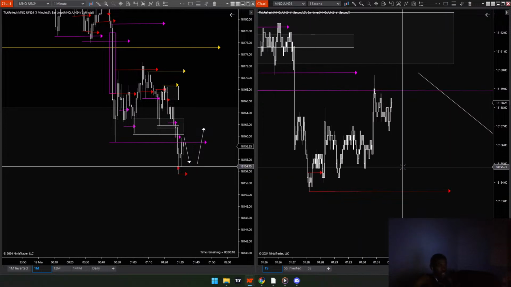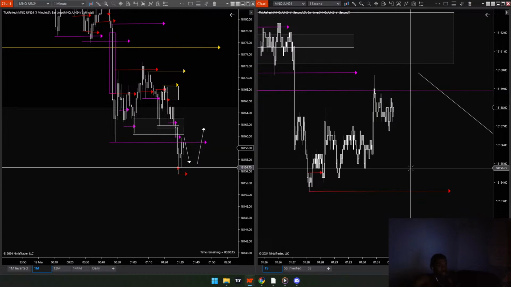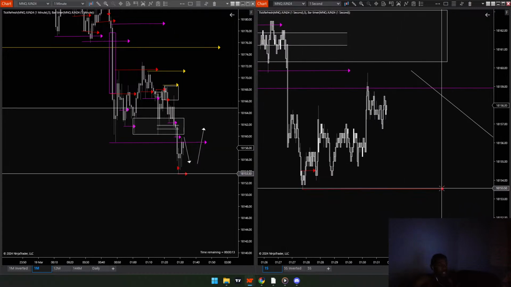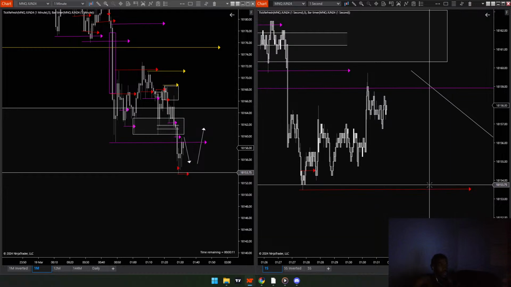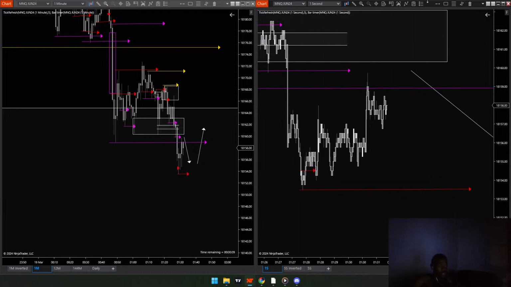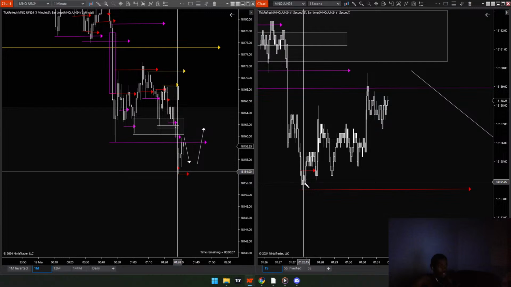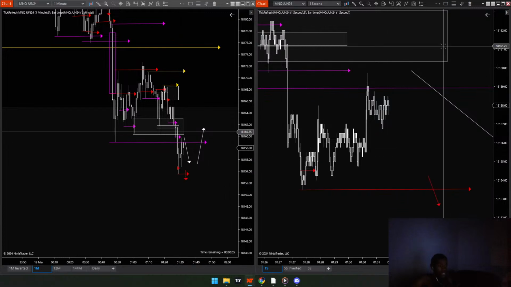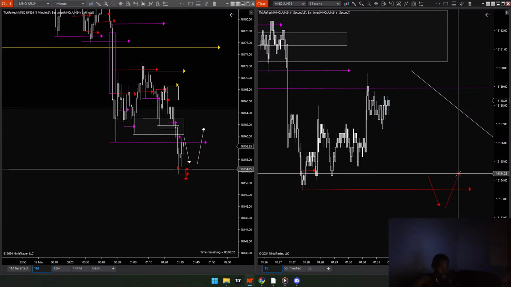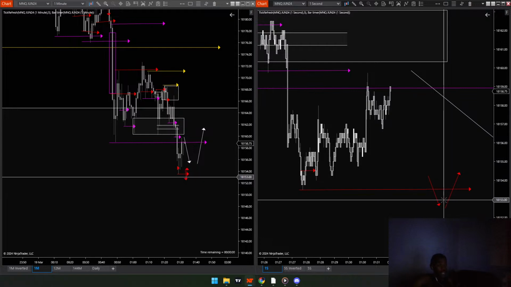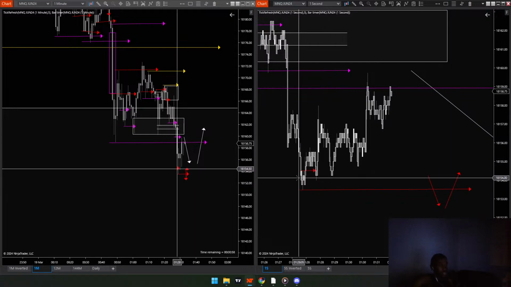I'll wait longer and the probabilities of it happening are lower, but my win rate is higher when I do wait for this. So I don't get as many setups as just taking the first flip, but when that setup does arrive, the probabilities of it working out are way higher.